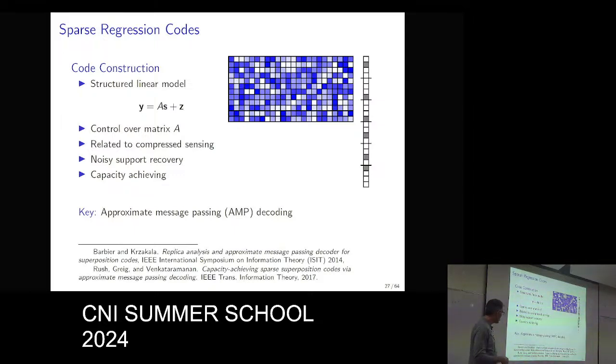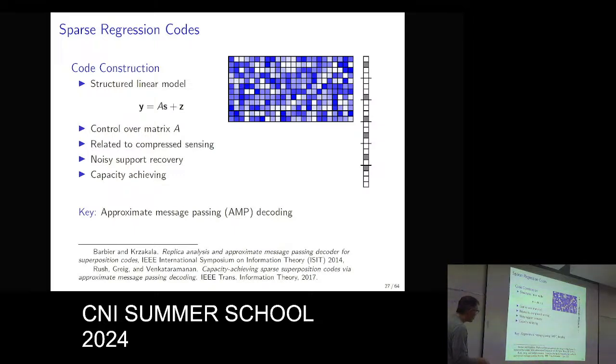And there are, I would say, at least 2 cornerstone papers, and the references in this talk or this summer school are not extensive, but one of them is by Barbier and Krzakala, where they show that sparse regression codes are amenable to approximate message passing decoding with good performance.